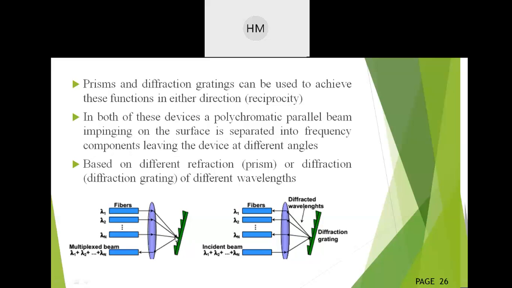So this is a multiplexing technique, where you get a single beam and then this will be transmitted through the single optical fiber. So based on different refraction prisms or different diffraction gratings for different wavelengths, we can design a WDM.